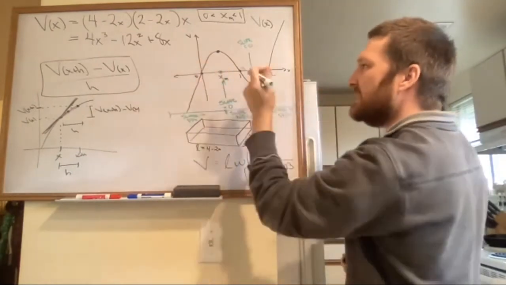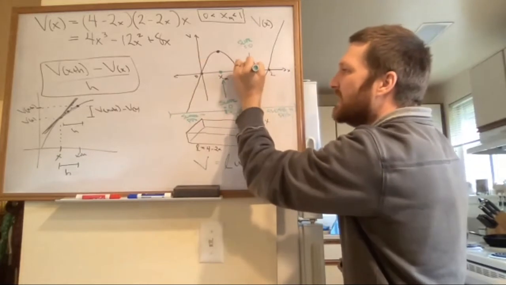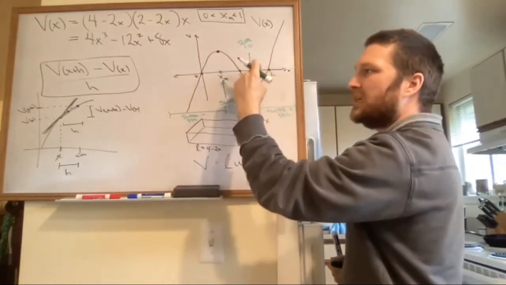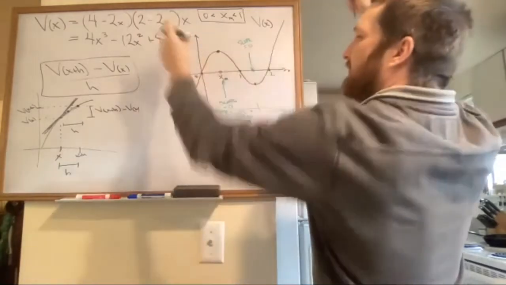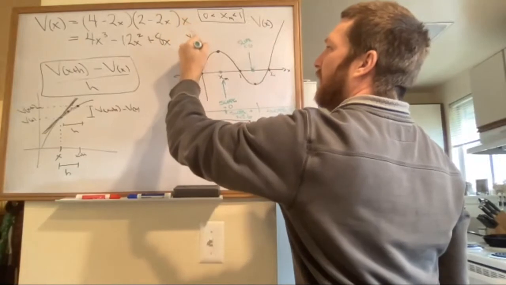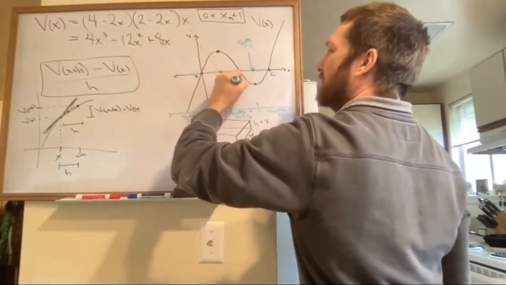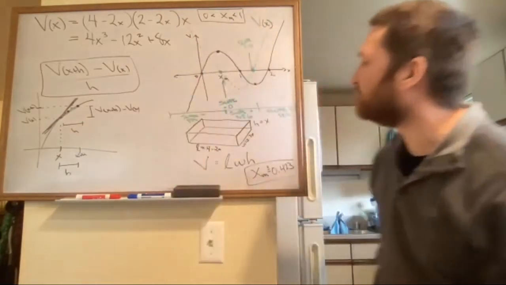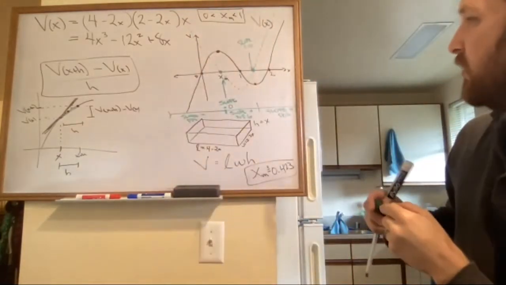It should be 0 right here. It's going to be negative somewhere between here. And it's going to be positive over here. I don't know exactly what it looks like, but it should be positive like this, negative, and then jumps back up into positive.